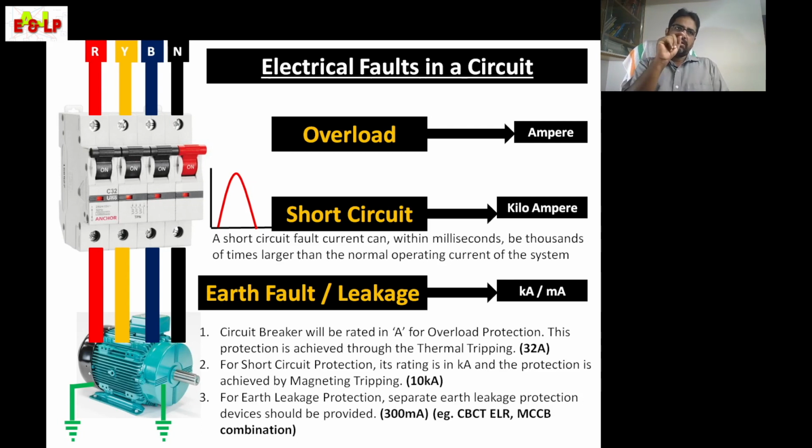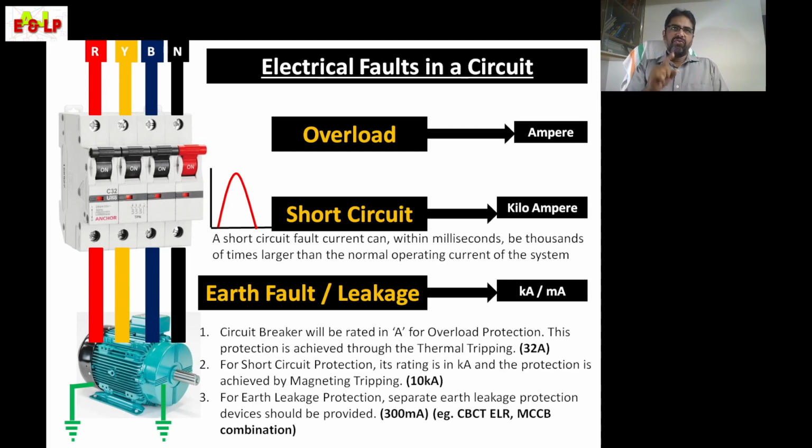Suppose there is some insulation failure or some leakage in this motor, then from this phase conductor, current may be flowing through this earth, just like a leakage. Suppose there is a leak in a water pipe. Like that, there may be a leak in this electrical circuit also. That is actually what is called a leakage or earth leakage.